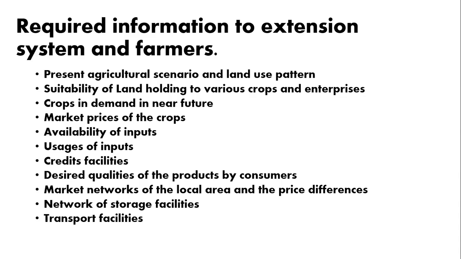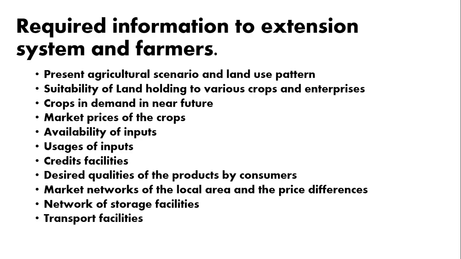So that kind of information should be there, and the market prices for the crop and the availability of inputs. These days the paddy farmers are worried about whether they will have fertilizer for the next season or not. They are worried. So the person should have correct knowledge.